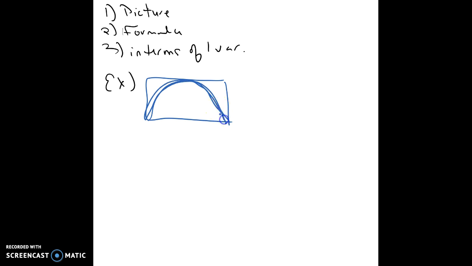And then they might say, all right, we want you to find, say, the area. There we go. Okay, so they want you to find the area of that shape, the whole rectangle, not the outside or the inside of the semicircle. They want you to find the area of this entire rectangle.